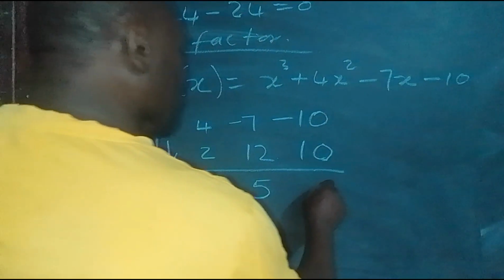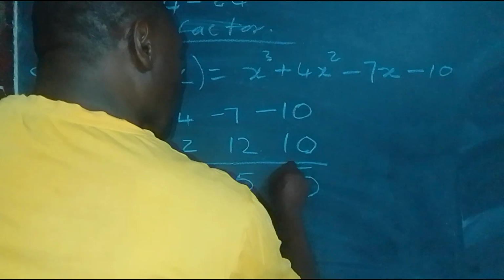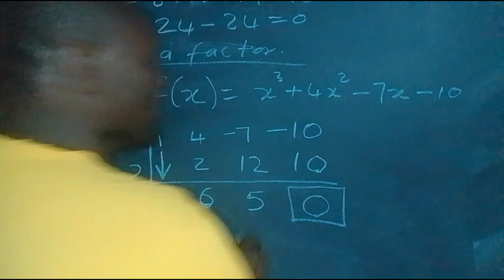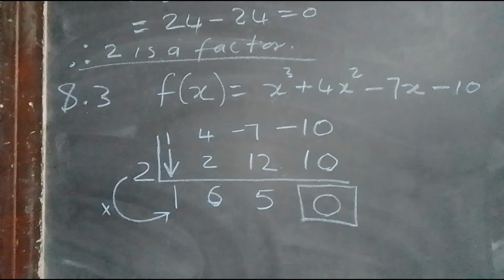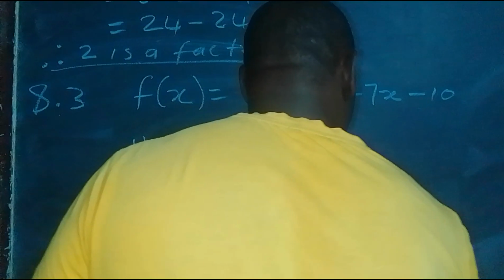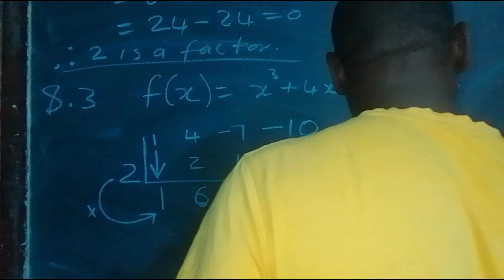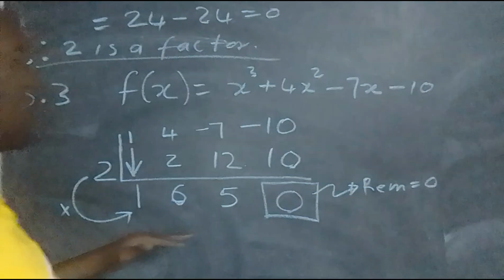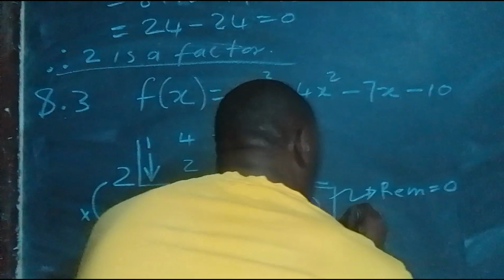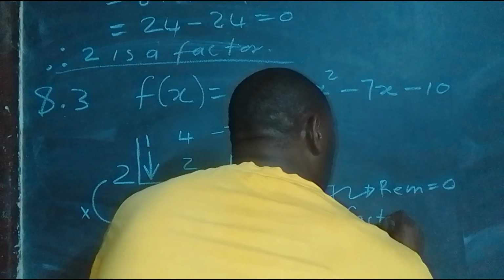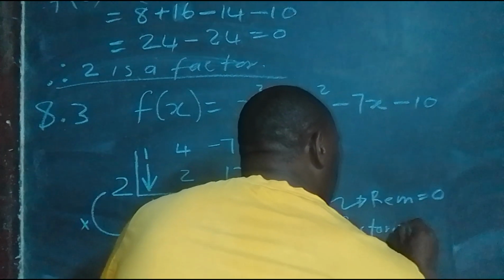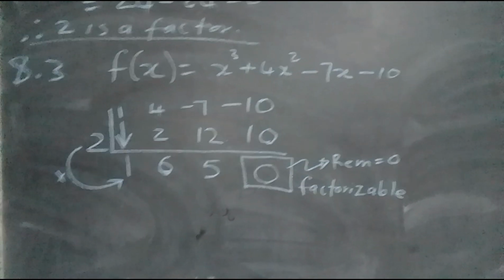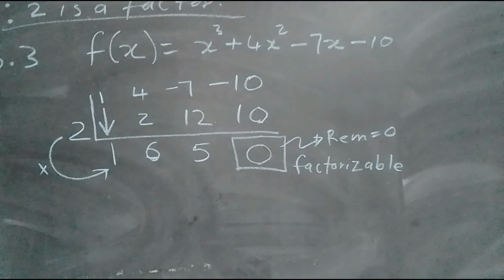Minus 10 plus 10 is 0. Voila! If you have done this, you find that your remainder is 0. Then you know that this is factorizable.